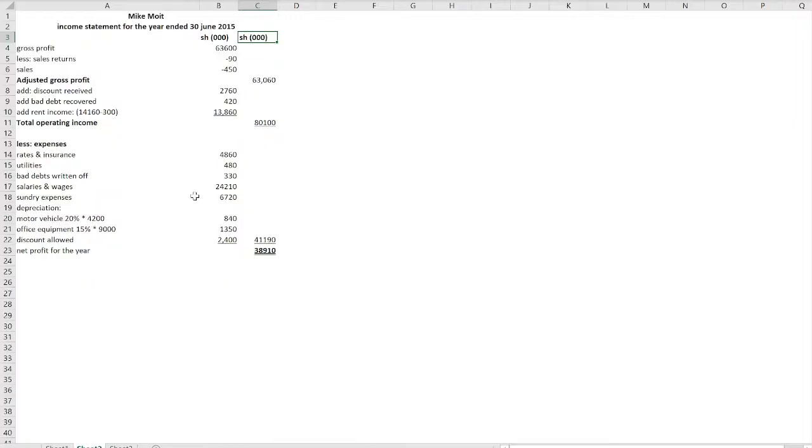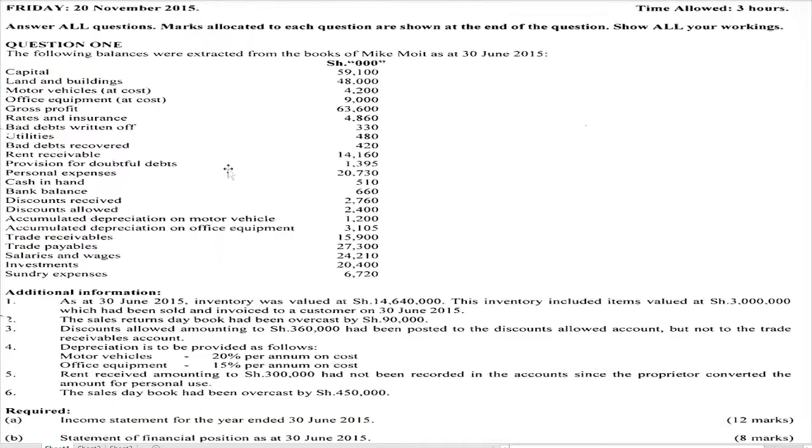So this is what we are going to do in order to perform that. We start with our title, which is Mike Moit income statement for the year ended 30 June. We have our figures in thousand. We have been given the gross profit from our question, which is 63,600.